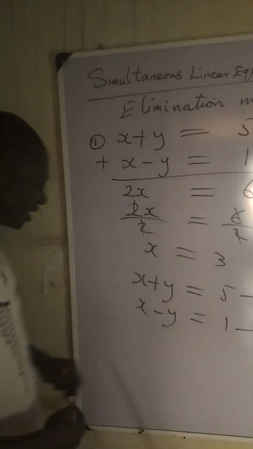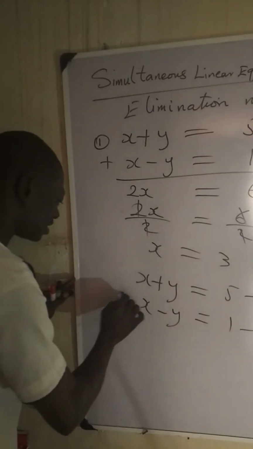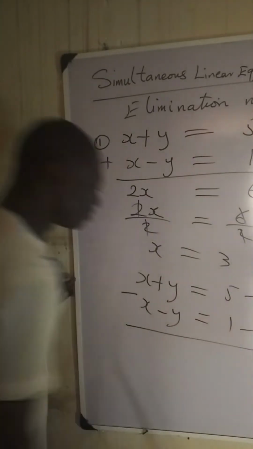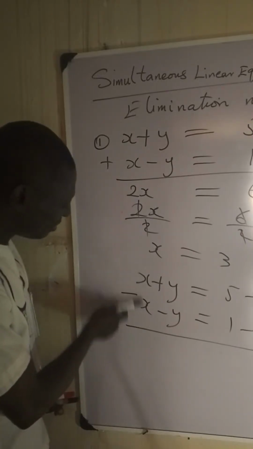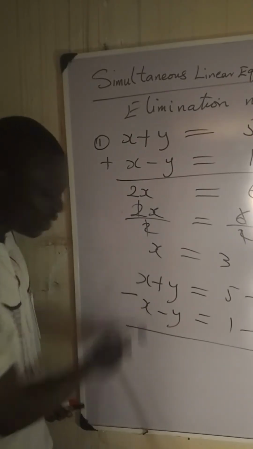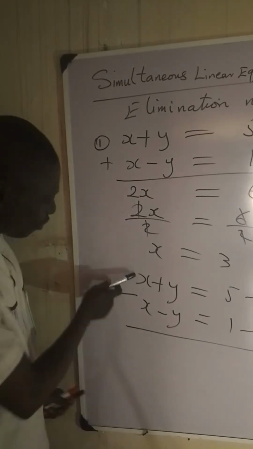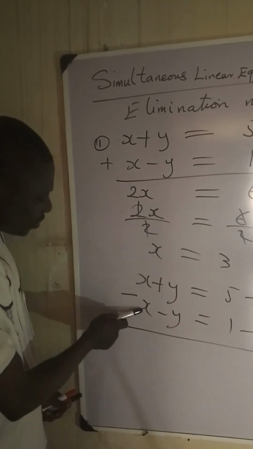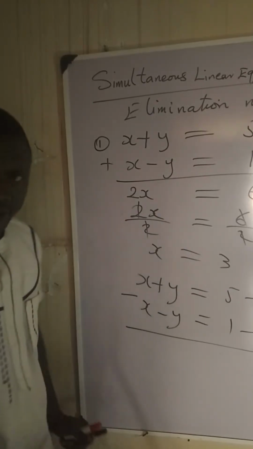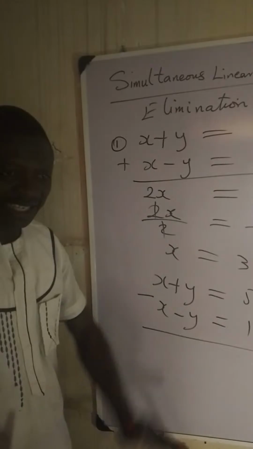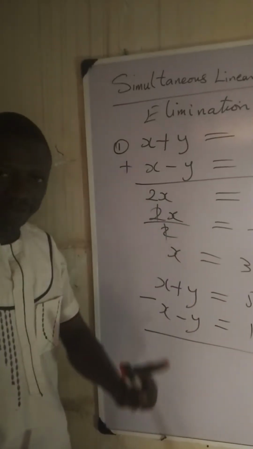Then, what it means is that we are going to subtract for us to eliminate x. Remember, what we want to eliminate must have equal coefficient. Coefficient 1, coefficient 1. Whether it's plus or minus, we are interested in that number 1.